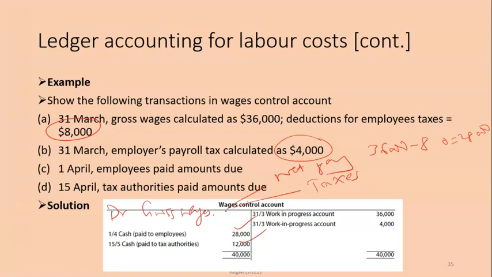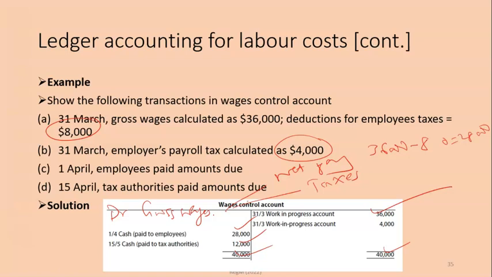The work in progress account, 36,000. So the balancing figure would be the work in progress account figure again. That's the balancing figure, because both sides should balance, should be equal. 40,000, 40,000.